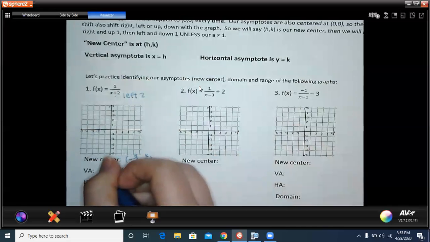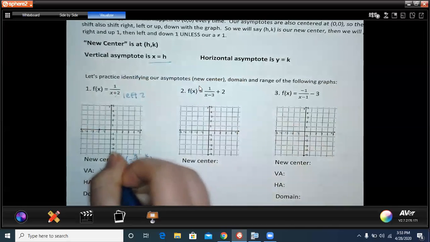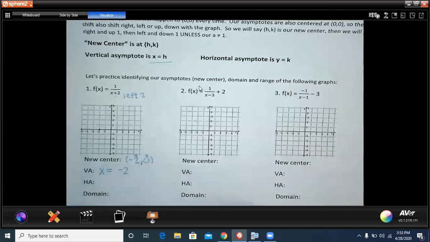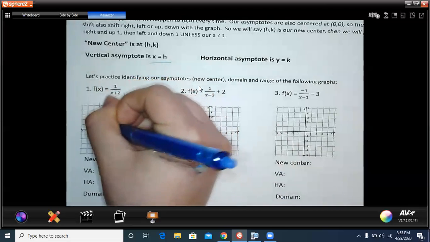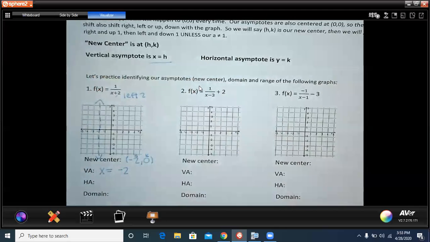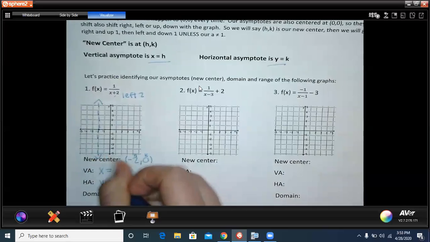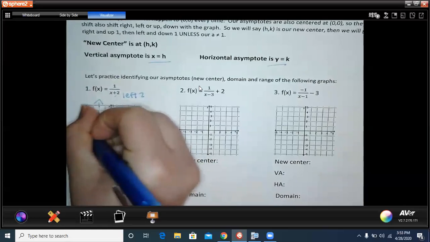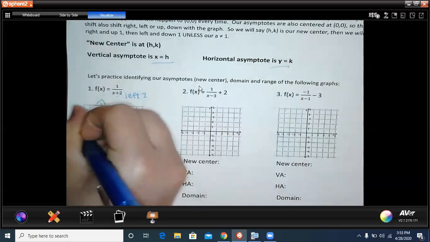So my vertical asymptote right here is at x equals h, and h is -2. So I have a vertical asymptote, remember vertical means up and down, at -2. Remember we draw an asymptote with our dotted line. Horizontal asymptote is y equals k, and in this case k is 0. So along the line y equals 0, I have a horizontal asymptote.